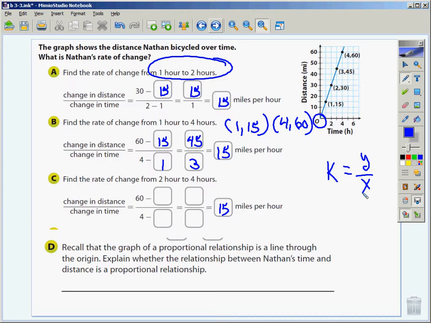Y over x. 15 over 1 is, 30 over 2 is, 45 over 3 is, 60 over 4 is. Does everybody see if it goes through the origin that I can use this and I'm still going to end up with that same rate, 15 miles per hour? Okay? Are you okay?